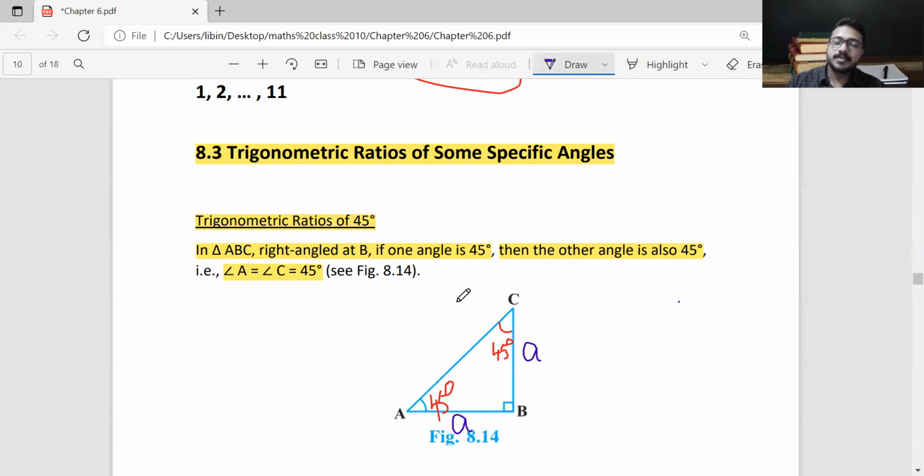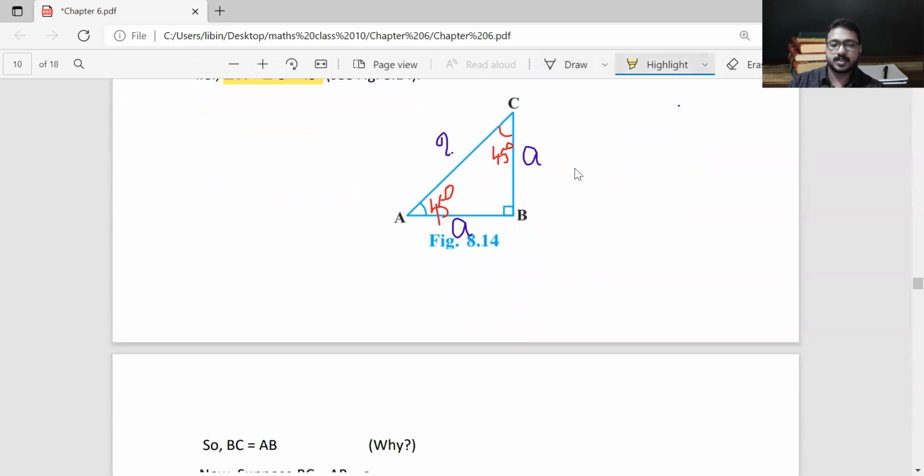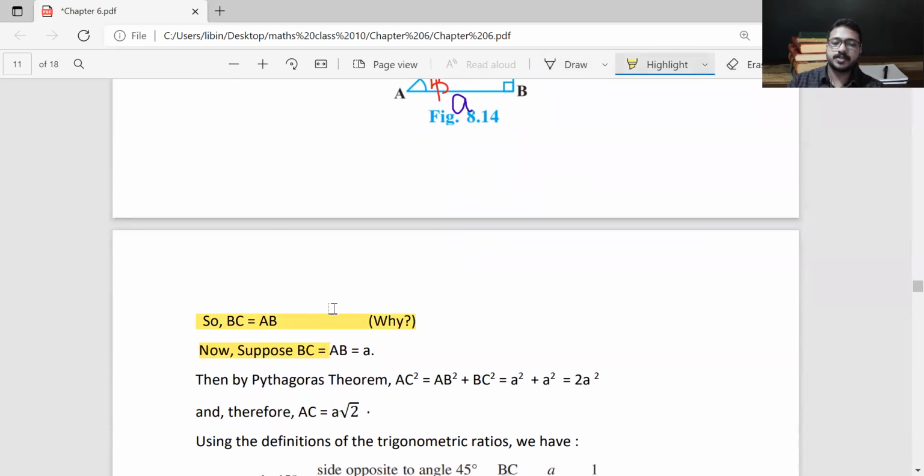Then by using Pythagoras theorem, we can find the value of AC also. How we will find the value of AC? AC is equal to square root of AB squared plus BC squared. Okay, so I will show you the process. So BC is equal to AB.